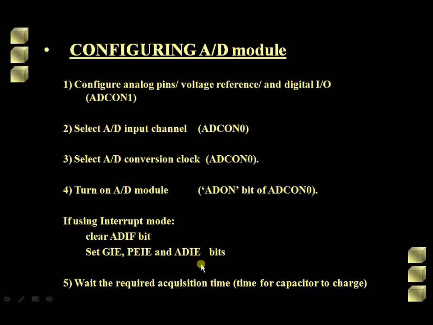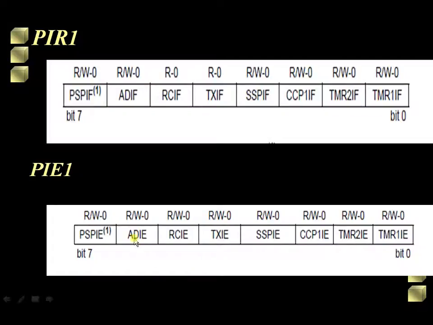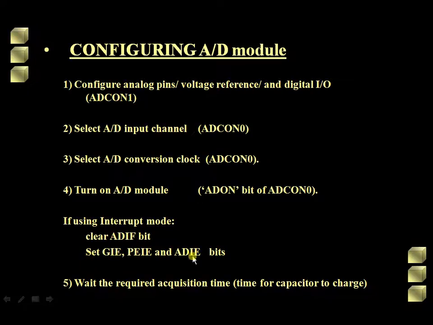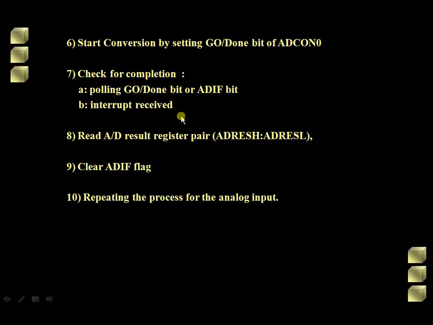Then the ADIE bit, which is present inside the PIE register. We have to set all these 3 bits so that if an interrupt is generated, the processor will execute the ISR. Then we have to wait for the required amount of time so that the capacitor of the sample and hold circuit gets charged, and then we start the conversion.